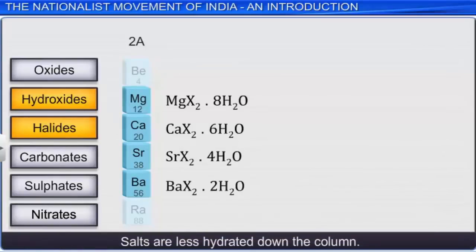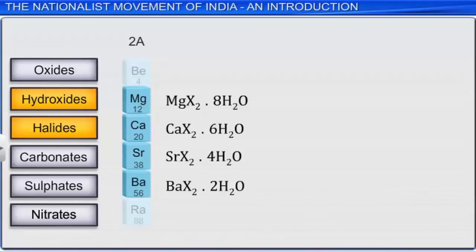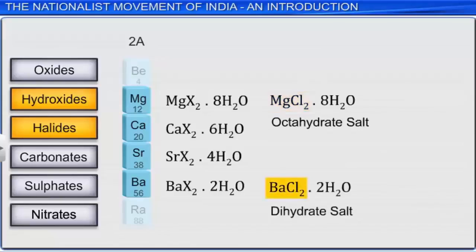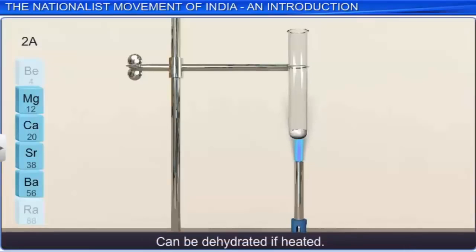The halides of the group 2 elements are often found as hydrates, but these salts are complexed with fewer water molecules down the column. Thus, magnesium chloride is an octahydrate, whereas barium chloride is found as a dihydrate salt.